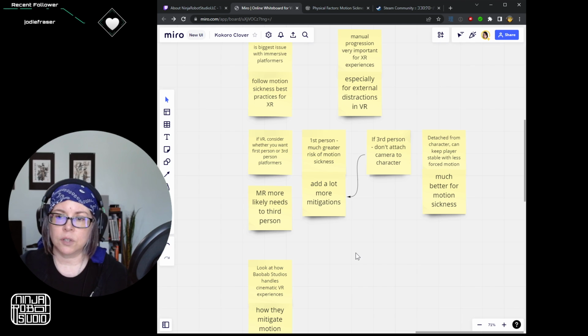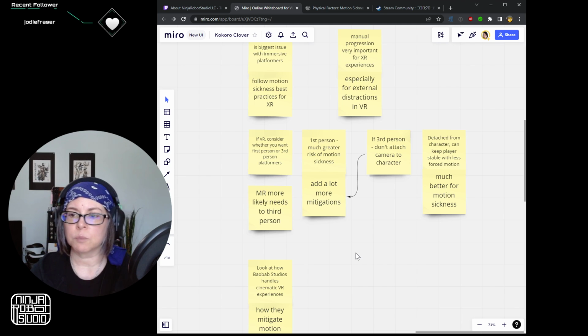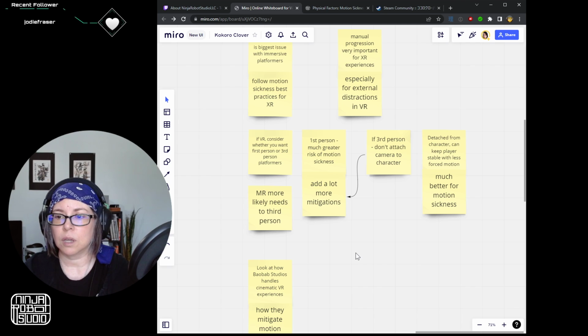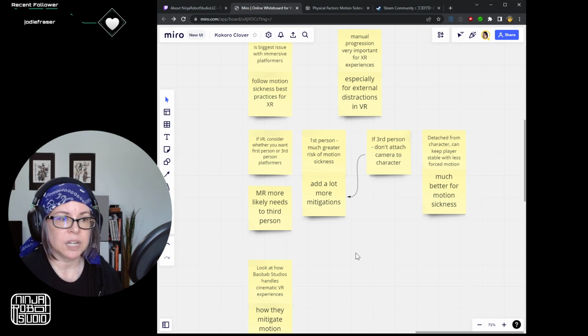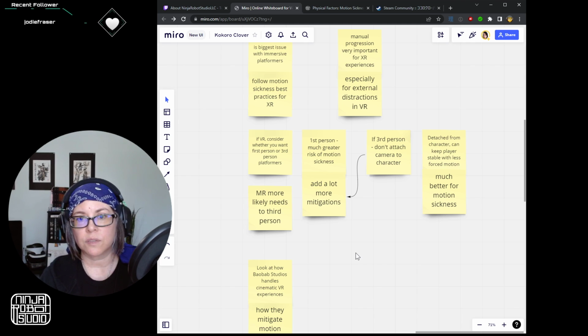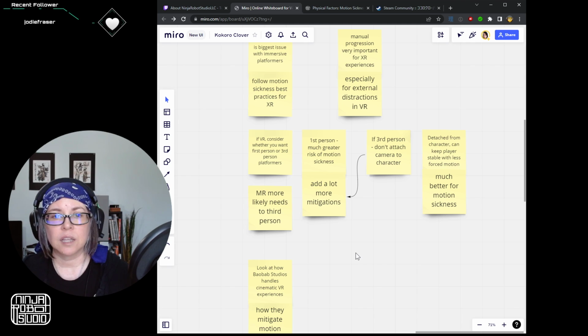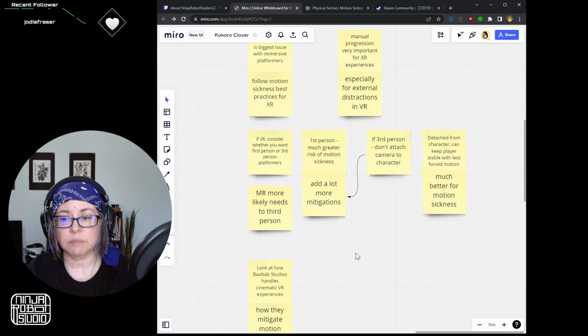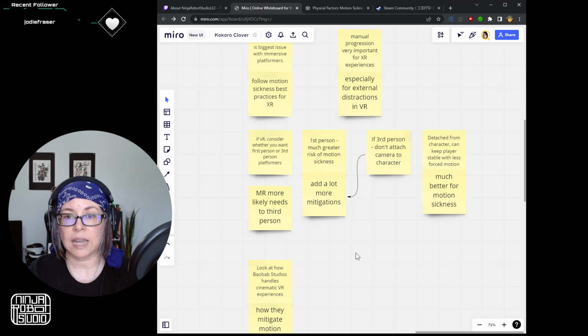Because if it's in first person, you have a much, much greater risk of motion sickness. And then you're going to have to add a lot more mitigations to it, but you may not like those mitigations. But if it's in third person, you still need mitigations depending on how you do it. And we're going to start playing VR experiences to see how they've mitigated it, how they've handled this.